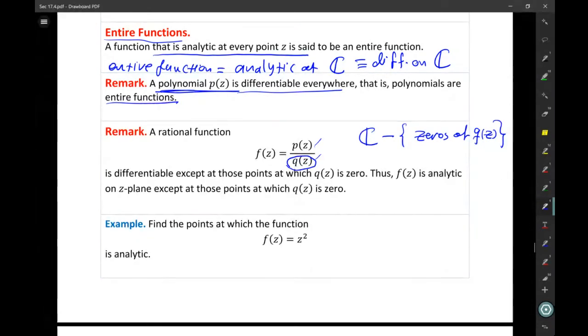Why? Because the numerator and denominator are polynomials, so it is analytic everywhere except the zeros of the denominator, because the function itself is not defined there; anything divided by zero is undefined.